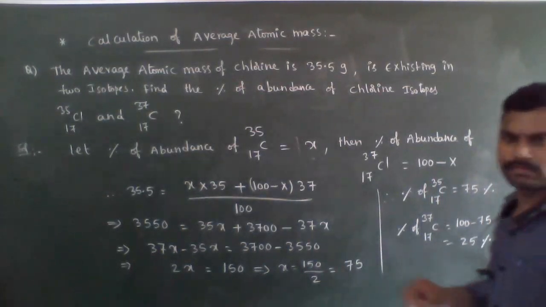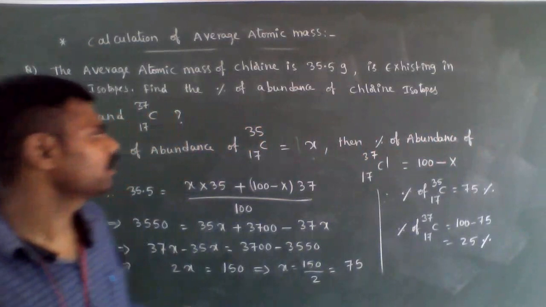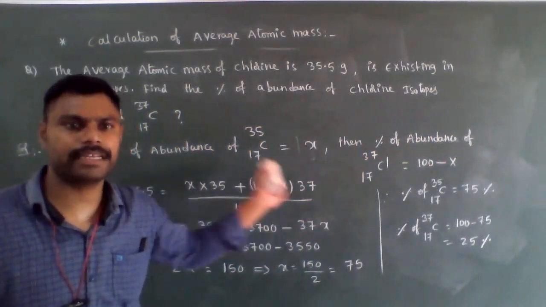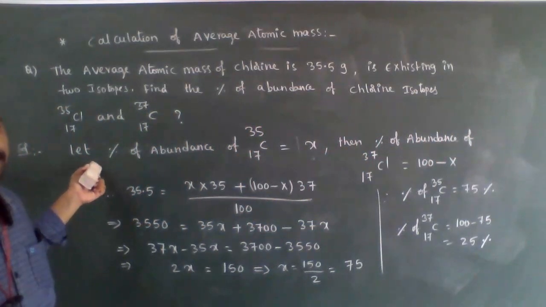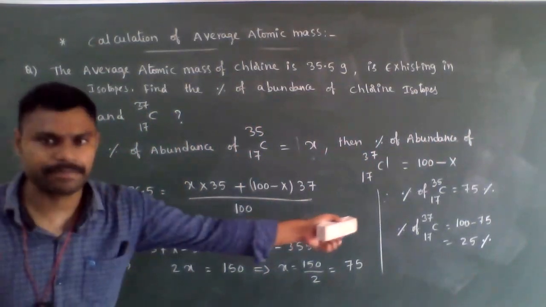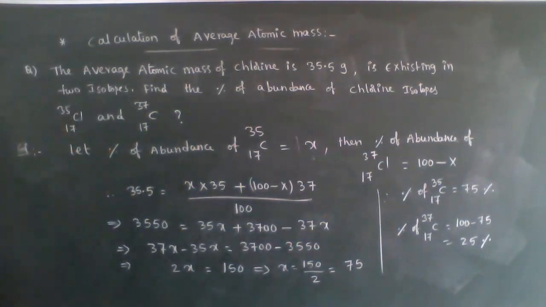See, reverse problem. If the percentage of abundance is given, we need to calculate the average atomic mass. If the average atomic mass is given, we have to calculate the percentage of abundance. Problems like that are asked in board examinations as well as in CET, NEET and JEE examinations.